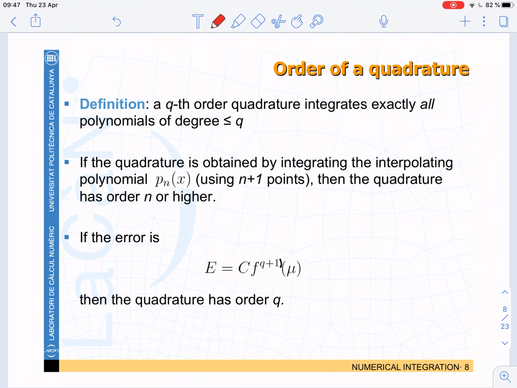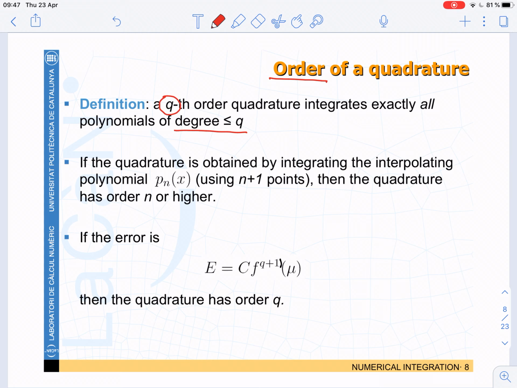To finish, we'll discuss the notion of order of a quadrature. We say that the quadrature is of order q if it integrates exactly all polynomials of degree less than or equal to q. In other words, we are using polynomials as reference functions to judge the accuracy of a quadrature.